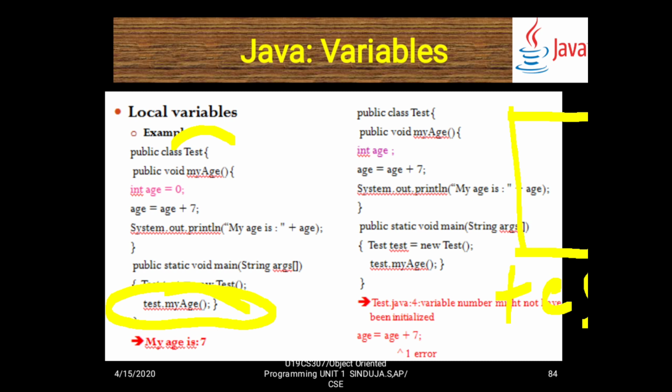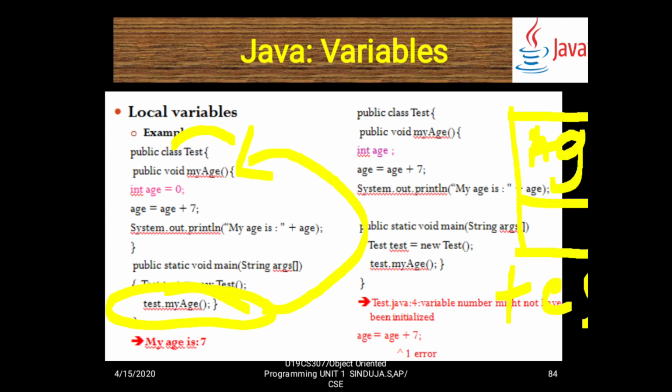What are all my parameters? Under the class I have a method called age. I have this age function. So test dot my age, your control comes to here.